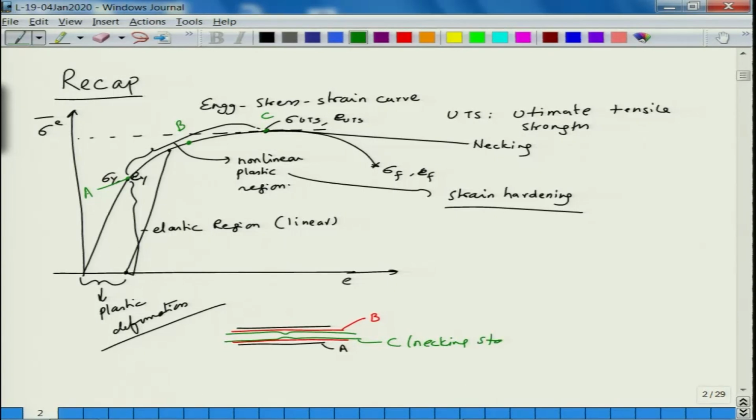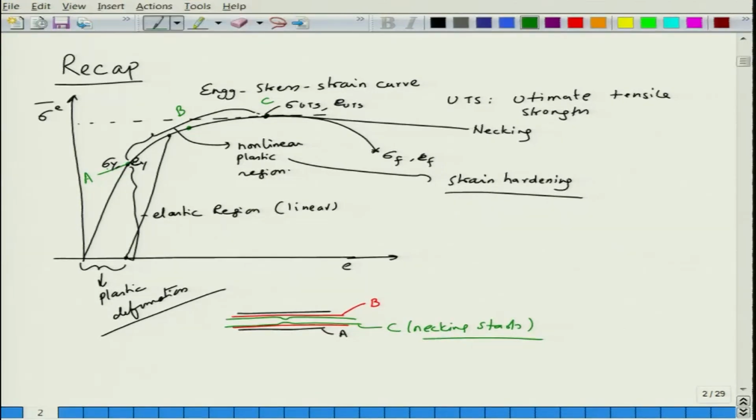When necking starts, that is where we start a region of instability. The area reduction at the neck is far higher than in the other regions, and the neck has a triaxial state of stress.